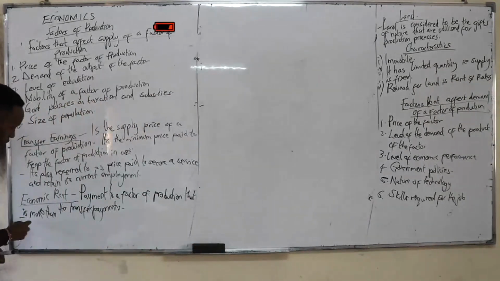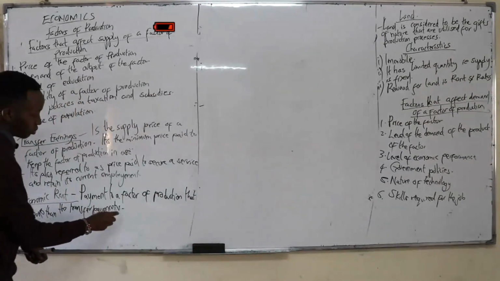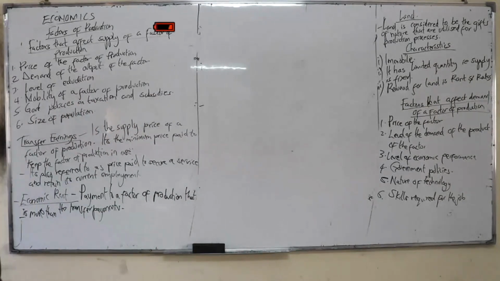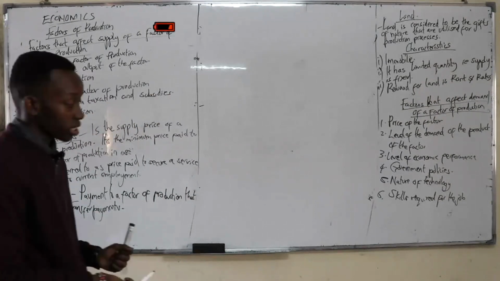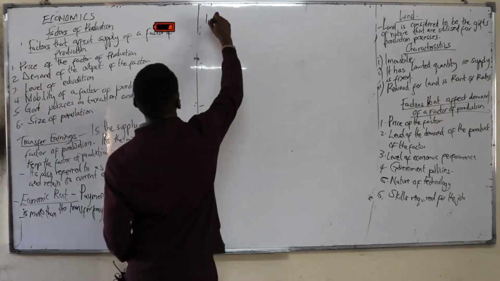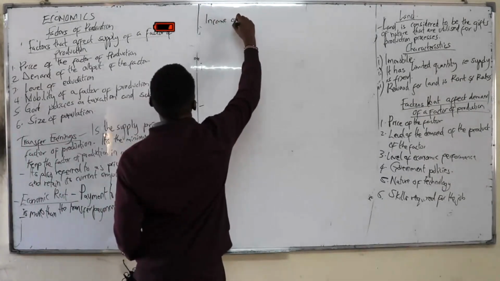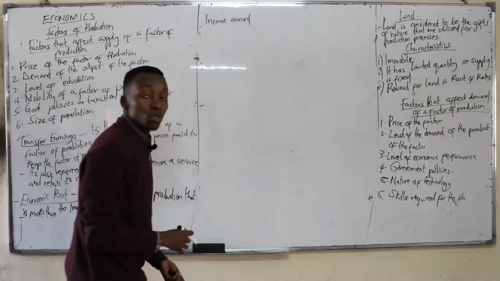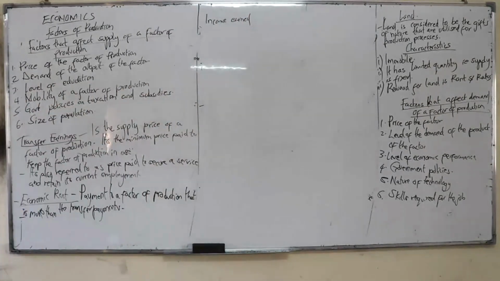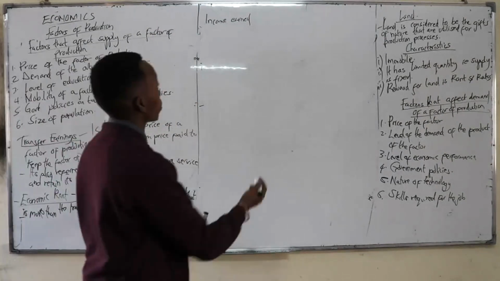So in other words, transfer payments or economic rent is income earned from a use of a factor of production.